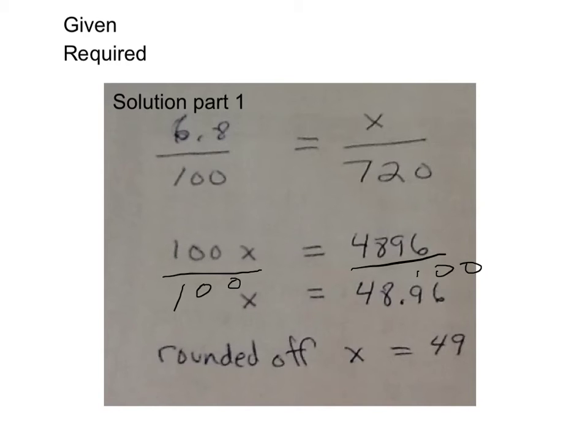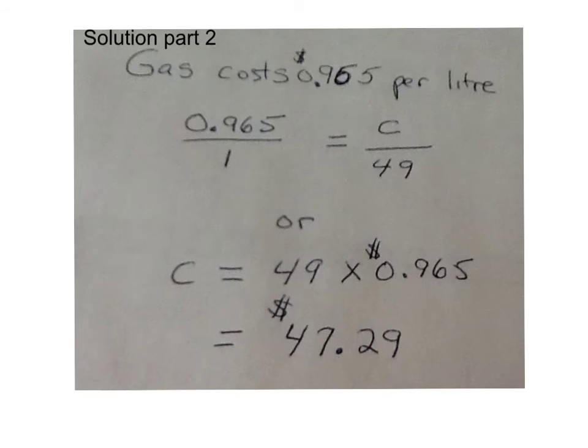And then my solution part 2. I'm now going to take the 49 liters and figure out how much it's going to cost for all of those liters. If 1 liter costs 96.5 cents or $0.965, same thing. Really two ways you could do it. I could have done it with a ratio, like right here.